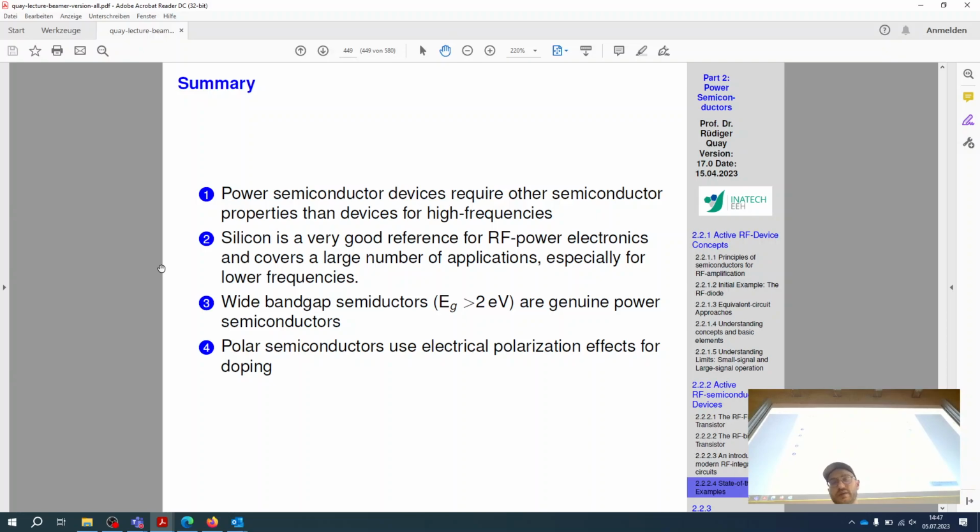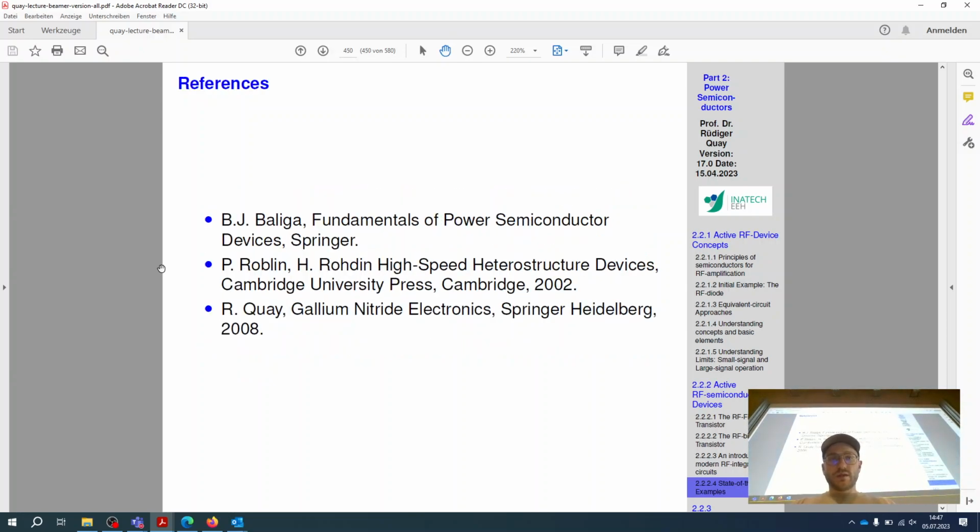The wide band gap, as I said, is usually taken at 1.4 electron volts, but here it is depicted as 2 electron volts being taken as devices for a wide band gap.